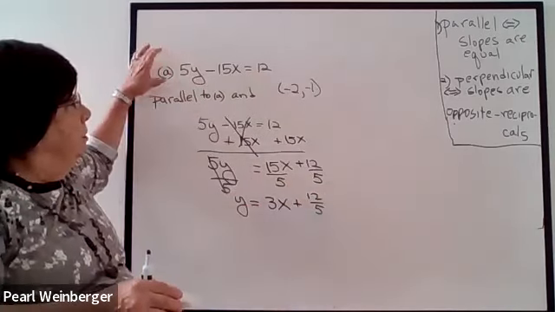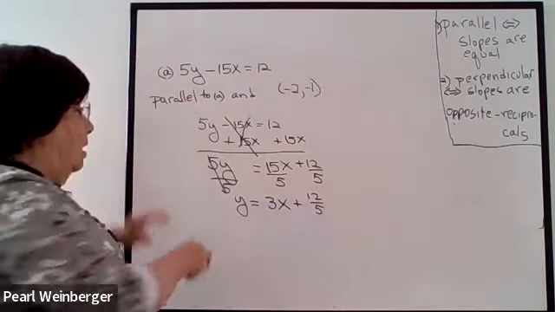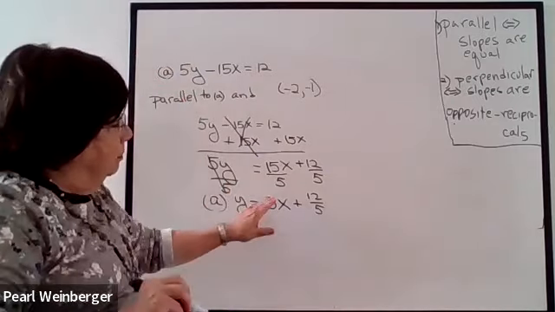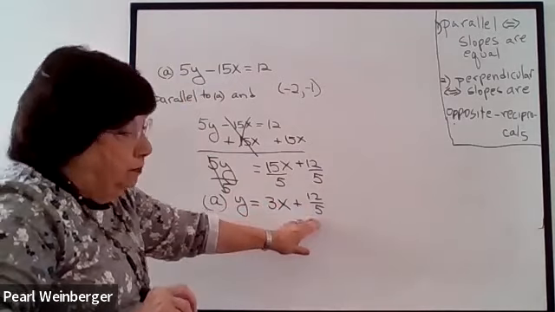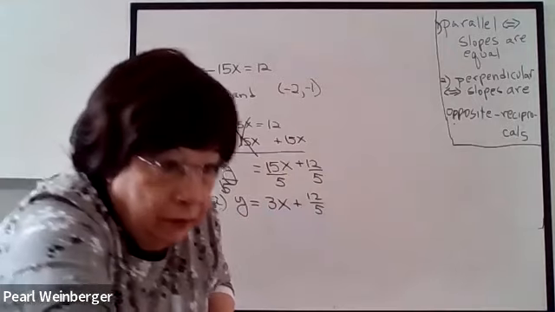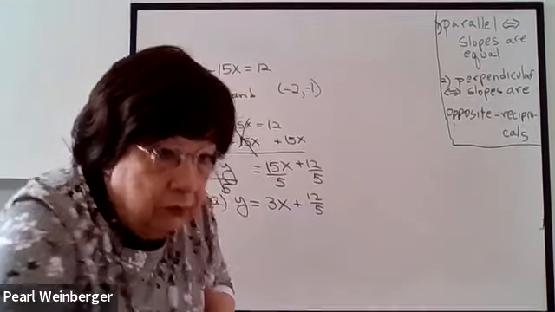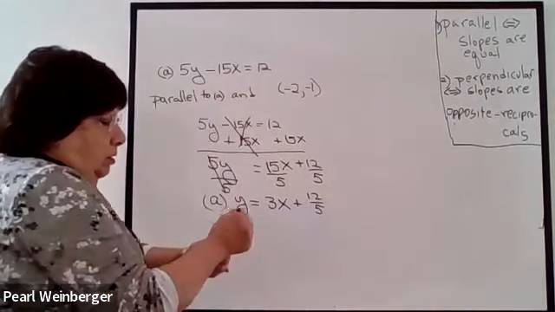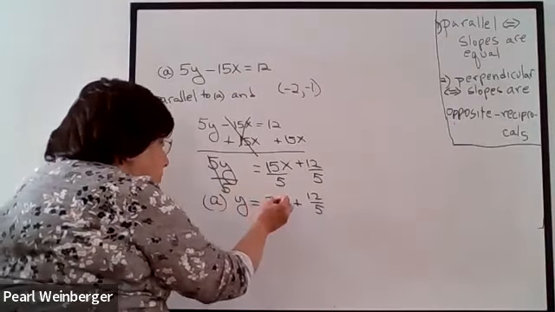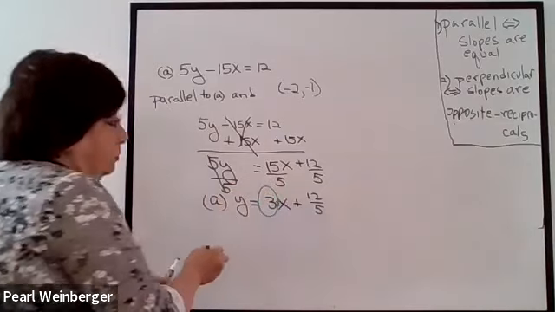So here is my line A written in y equals mx plus b form, which tells me that the slope of the line is 3.